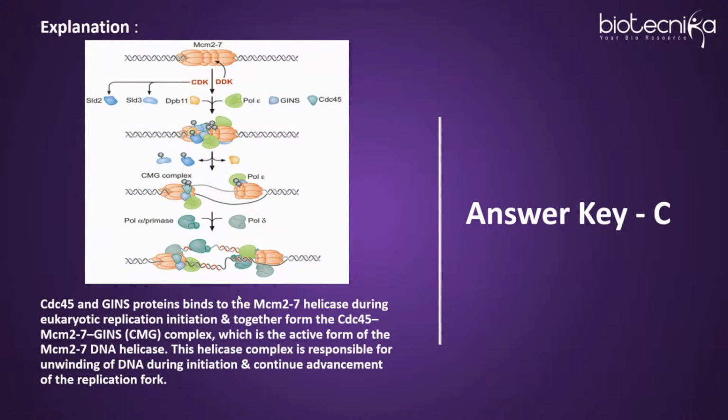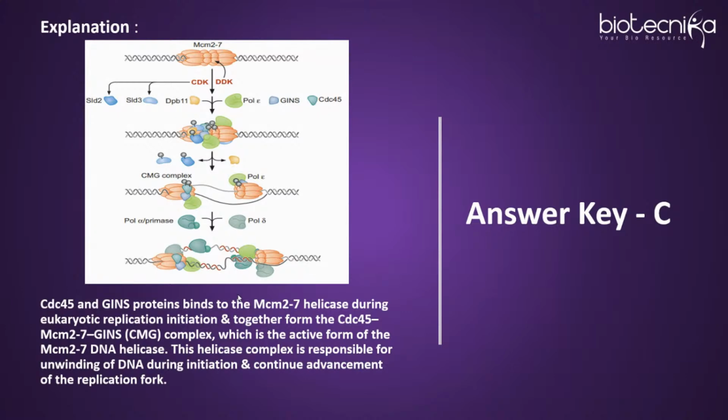So CDC45 and GINS protein, both of these proteins bind to the MCM2-7 helicase. MCM2-7 is the helicase protein which is required for the unwinding of the DNA in case of eukaryotic replication, right?